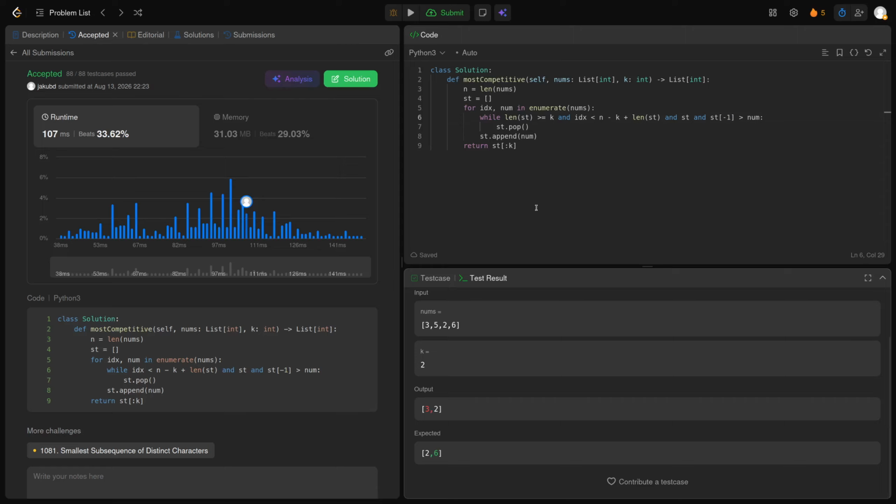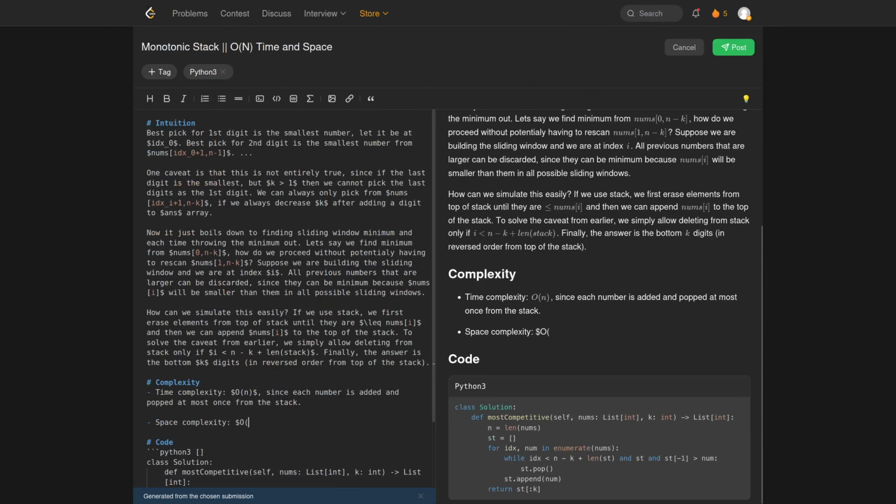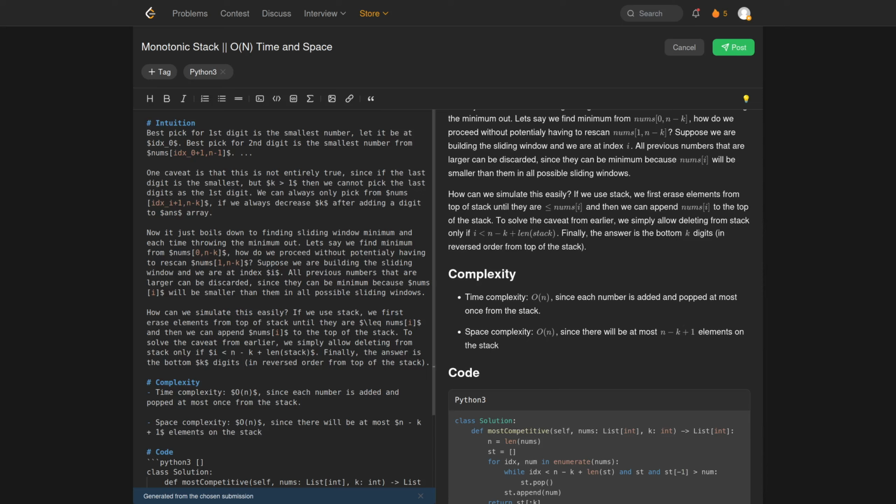No. Okay, it's O(n), and the stack will be at most n minus k plus 1 in the worst case.